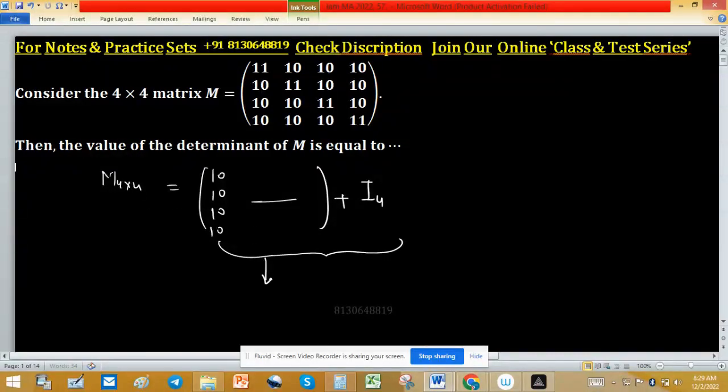If we can find the eigenvalues of this matrix plus the eigenvalues of I4, then we can easily predict the eigenvalues of M. As all entries of this matrix are 10, the rank of this matrix, suppose we call it matrix A, is 1, implying that there is one non-zero eigenvalue and the other eigenvalues are 0, 0, 0.